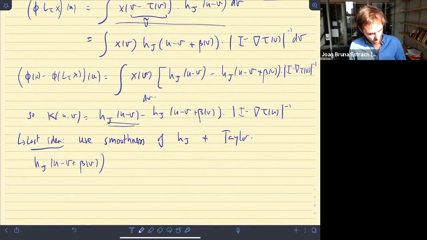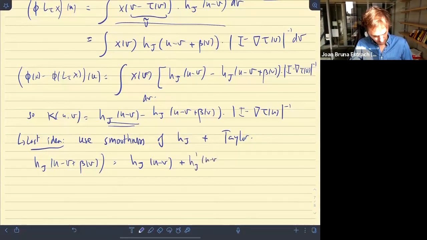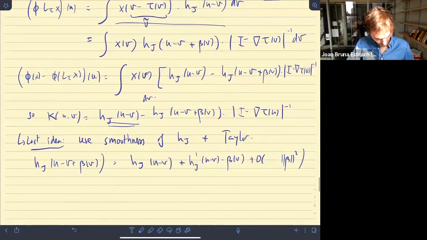So you are going to write it as hj of u minus b plus the derivative, so plus hj prime of u minus b times the displacement, plus some term that is going to be small, that is a control.